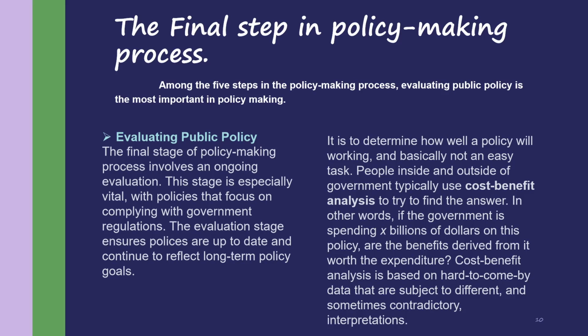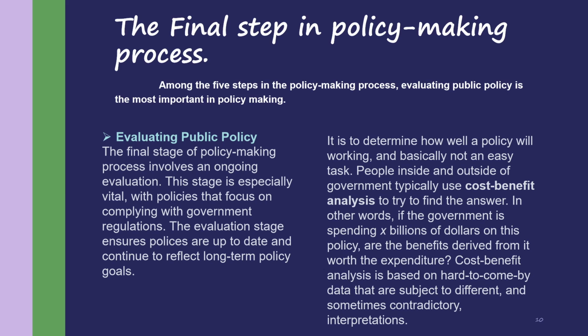These are the final steps in the policymaking process. Among the five steps, evaluating public policy is the most important. Evaluating public policy, the final stage of the policymaking process, involves an ongoing evaluation. No matter how much time passes, it's always a good idea to evaluate a public policy to see if it's still taking effect, or whether it has become a problem, festered the problem even more, or even helped.